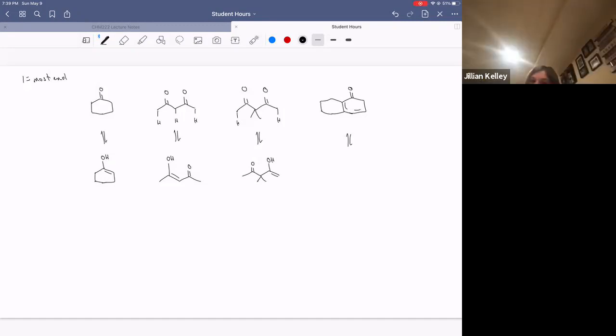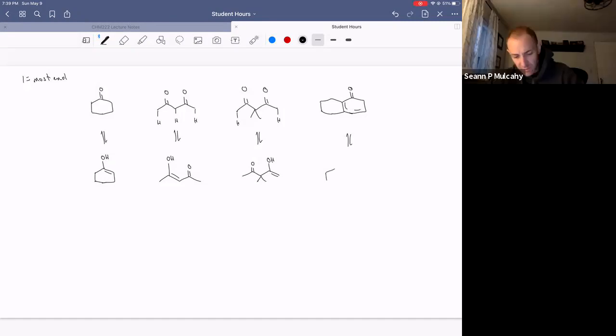The alpha position to the right of the carbonyl. Okay, so we're going to form this enol right here. Okay, so let's try to evaluate these.